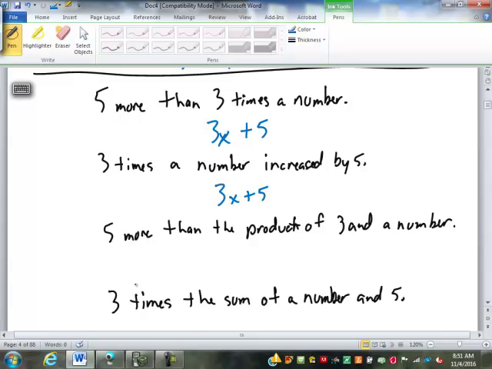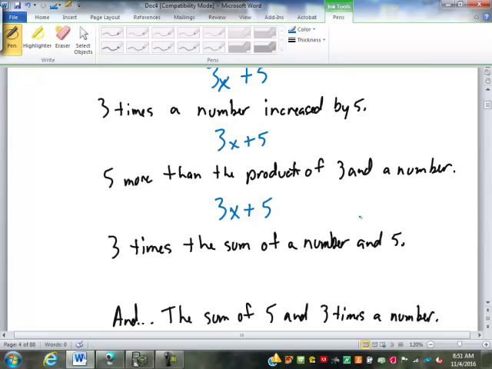So those two are the same. 5 more than the product of 3 and a number. Well, 5 more means adding 5 to what? 3n, 3x, whatever. 3 times the number. So far, those first 3 are the same. You're going to fight over whether it's x or n?